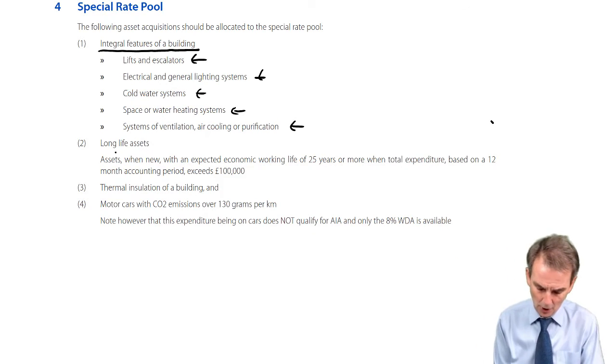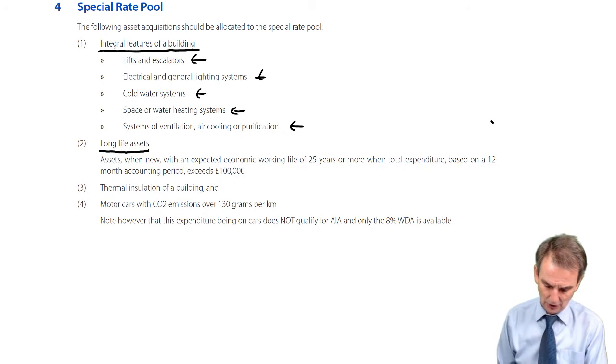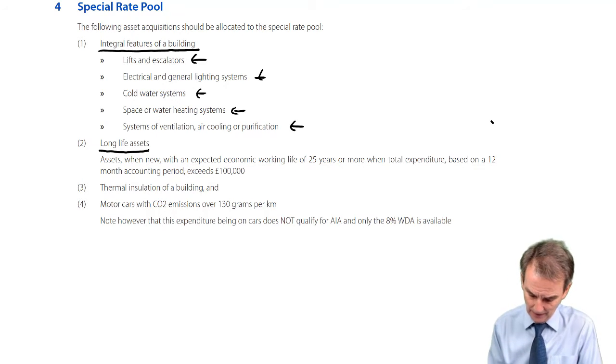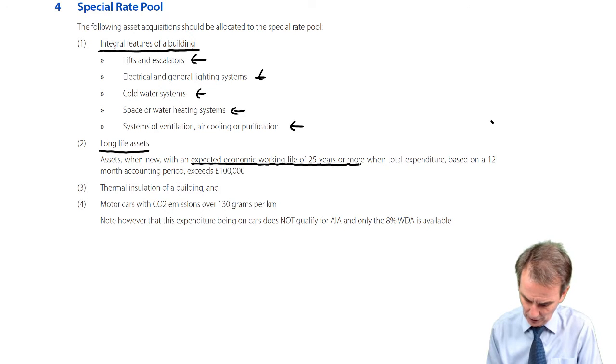Next one we need to know, long life assets. So what do we mean by these long life assets? With an expected economic working life of 25 years or more, and that is when it was new. So when originally it was new, expected economic working life of 25 years or more.